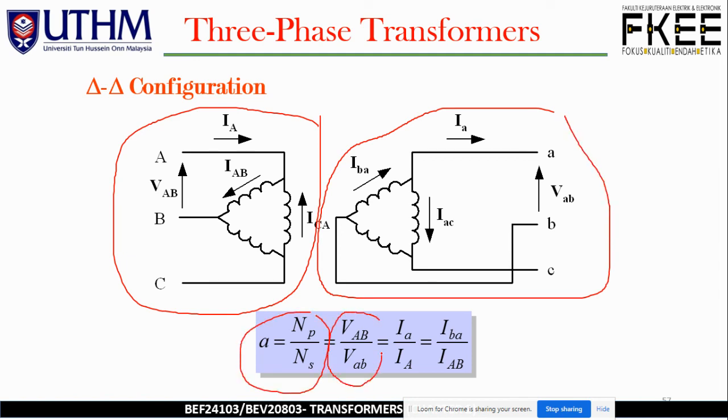VAB over VAB, this is for delta and this is for delta, both for delta. So IA over here and also here IA, this is for the comparison. IBA here is for the phase current as well as the phase current at the primary. It's a very straightforward relationship between the quantities of the primary side and secondary side.